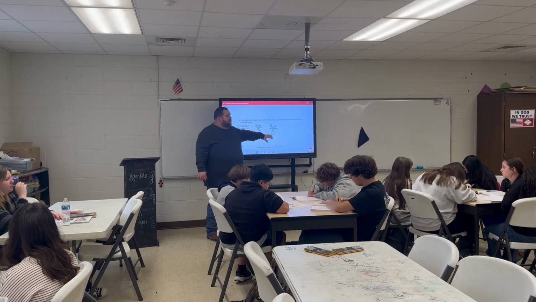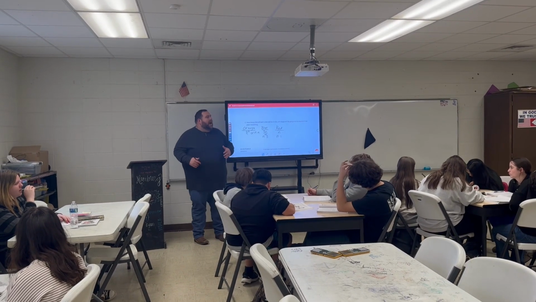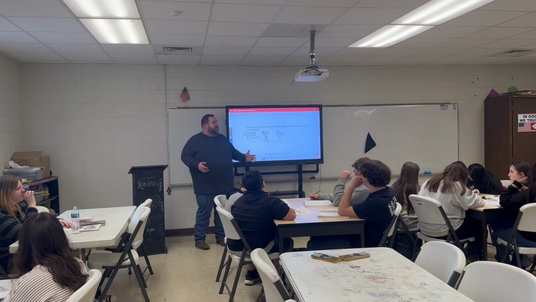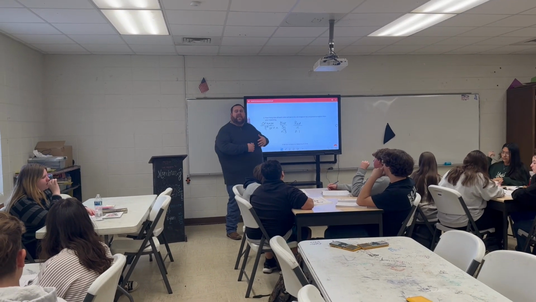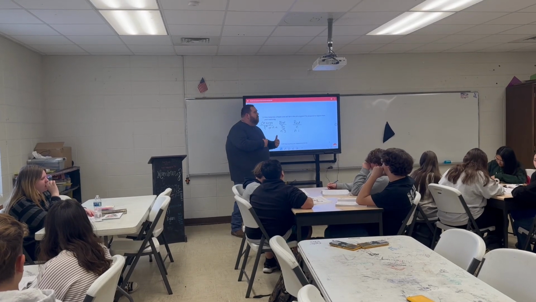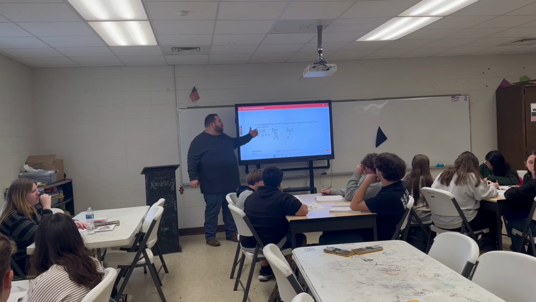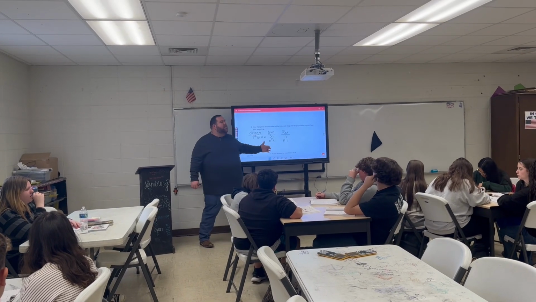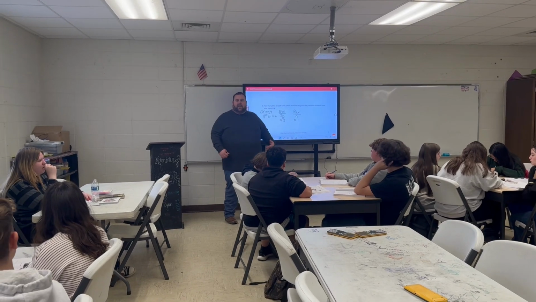Makes sense? I know we haven't dealt with patterns much, but as we move forward, and especially once we get into the next unit, we're going to have patterns we're going to deal with. So remember, your n represents the diagram number. Are we good with that?